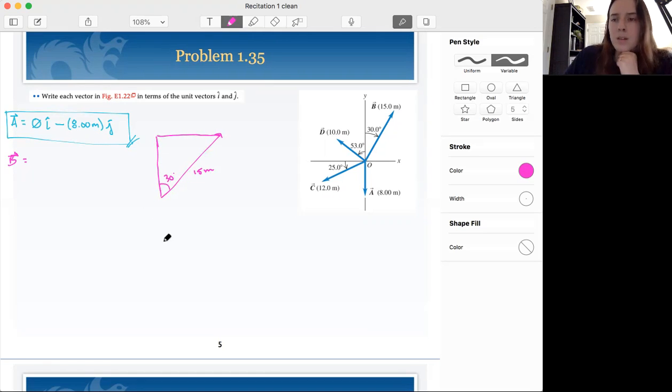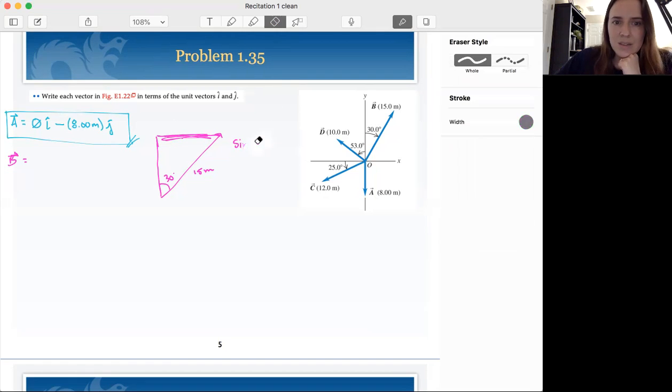Now, I would like to point out that 30 degrees is not measured from the positive x-axis, so the x component is not cosine. The x component over here is opposite the angle, so that's going to be the sine of that angle.